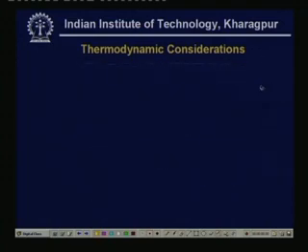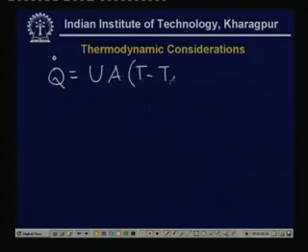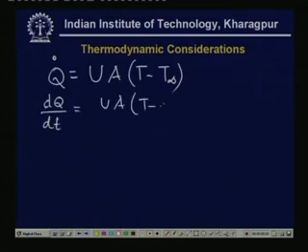Now, this is valid only for such steady state conditions. In the steady state, the heat transfer equation looks somewhat like this: Q dot, the rate of heat transfer, is U times A times (T minus T infinity), and this is nothing but delta Q divided by dt.